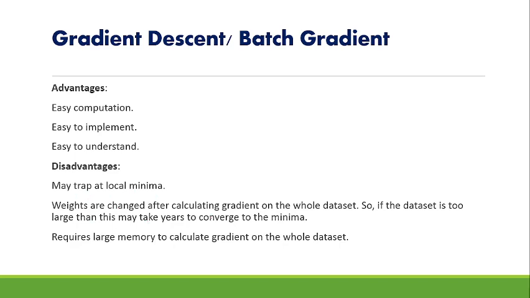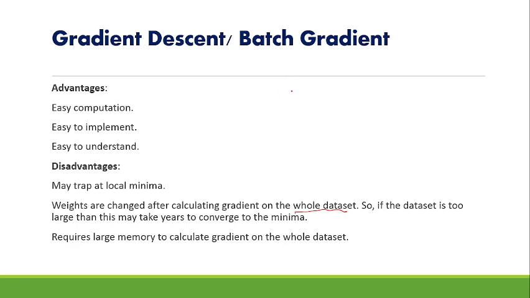Weights are changed after calculating the gradient on the whole data set. So if the data set is too large, then this may take very long to converge to the minimum. It requires large memory to calculate the gradient on the whole data set. I hope from all these points you understood that gradient descent or batch gradient descent is applied to the whole data set.